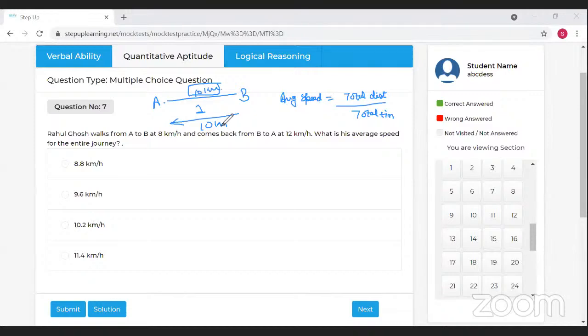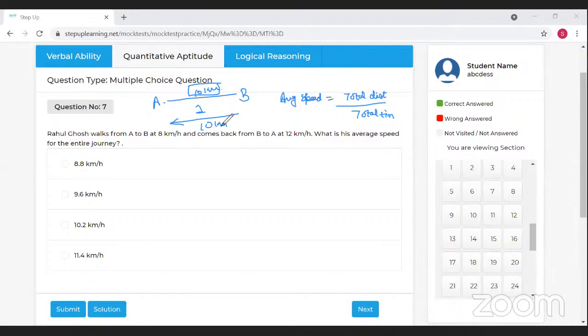Can I say on an average you traveled 10 kilometer, or I should say that you traveled 20 kilometer? Option A, on an average 10 kilometer. Option B, you traveled 20 kilometer. Which one would be right? You are going from A to B, B to A, where A to B is 10 kilometer, B to A is again 10 kilometer. Correct.